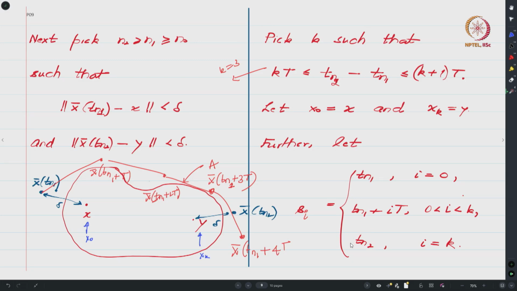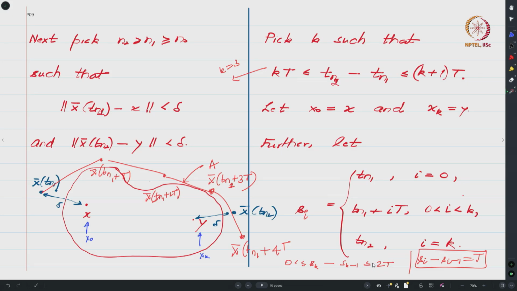So one can then check that the gap between si and si minus 1 where i is strictly less than k will be exactly t. On the other hand, between sk and sk minus 1 the gap could be at most 2t.